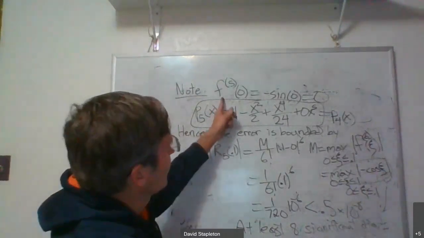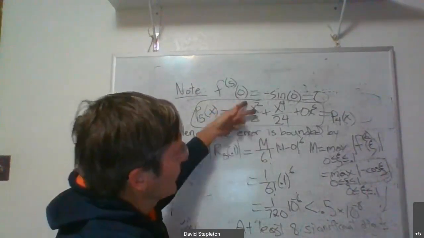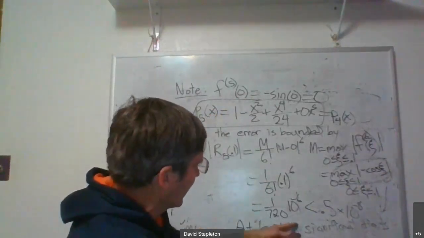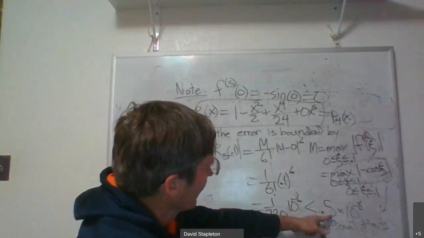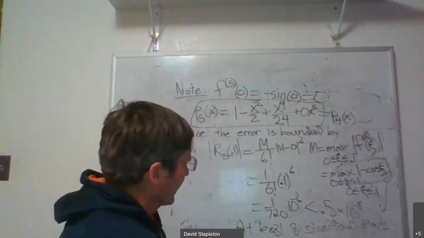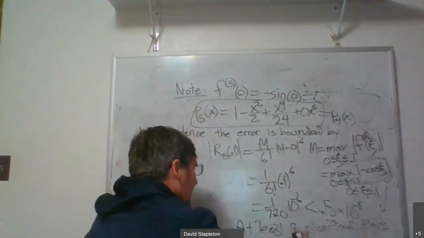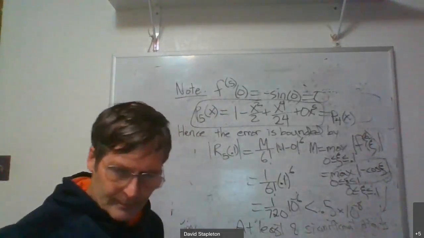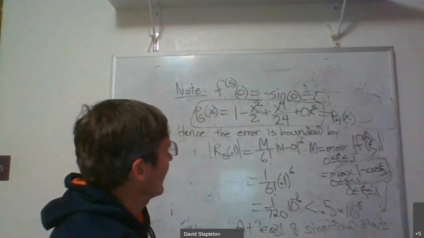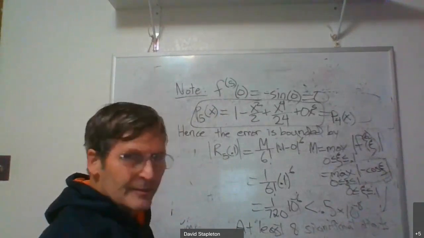This is right, 0.9 something. The first digit occurs in the first place to the right of the decimal, and you count off 8 of them, and there's less than 5 in the 9th digit. So you say it's got 8 significant digits. Those first 8 are good. Okay, any questions on that? That's going to finish the section.